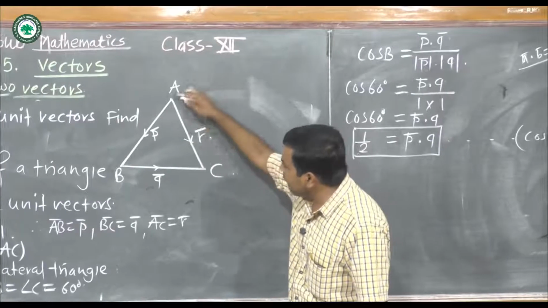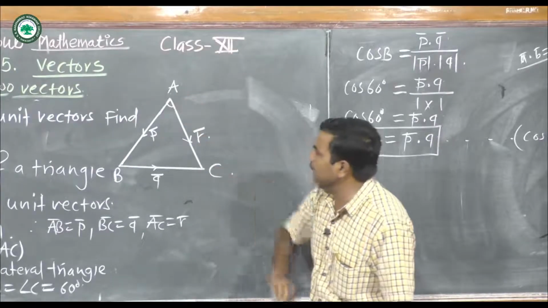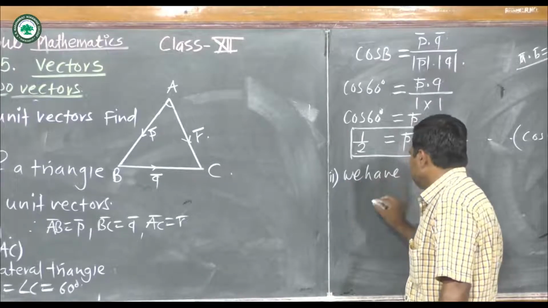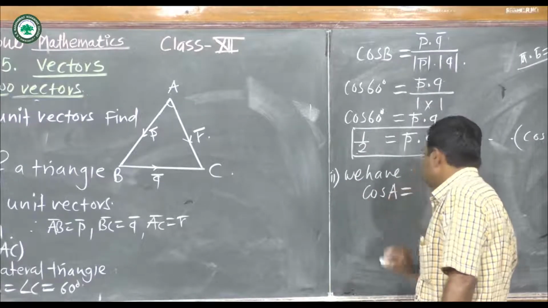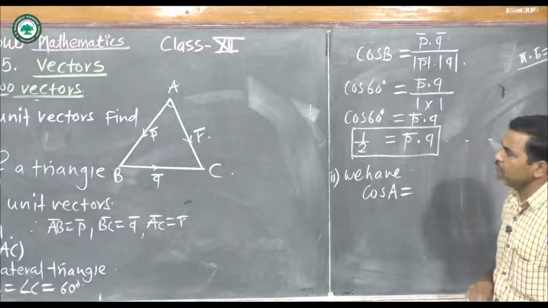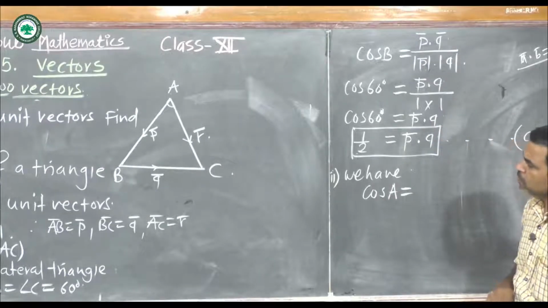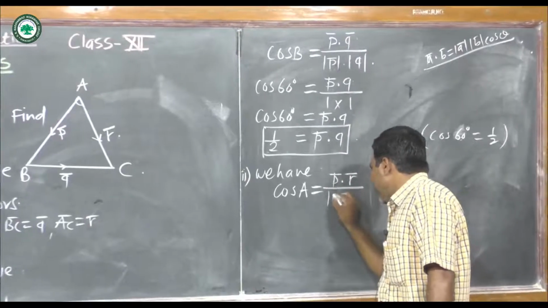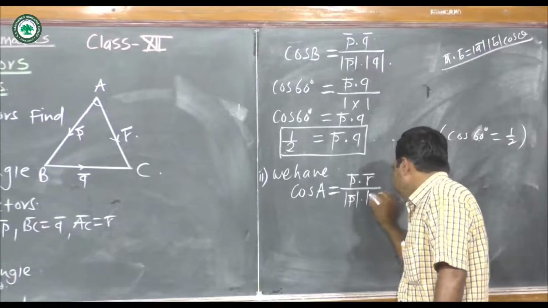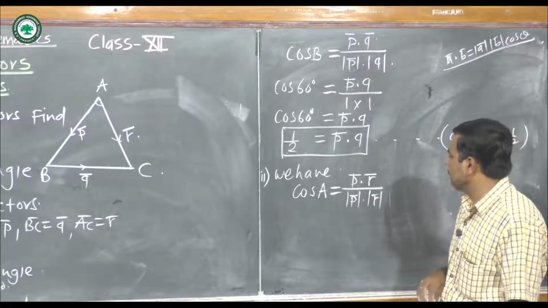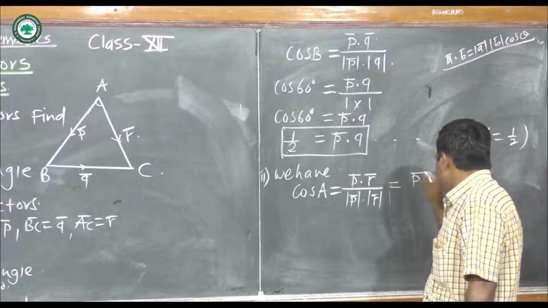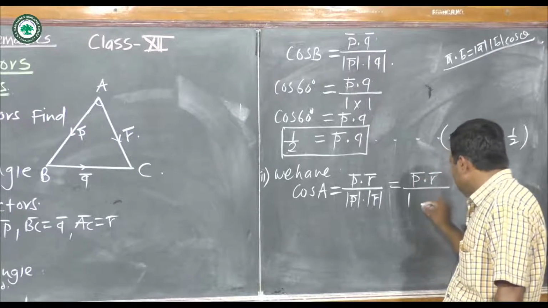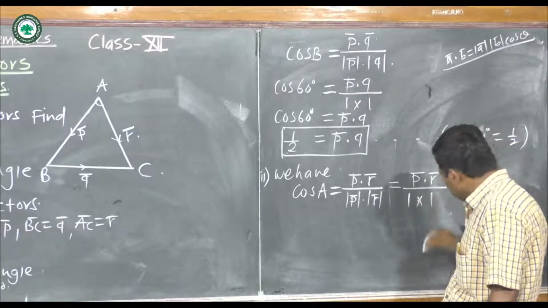The angle between P bar and R bar is this one, A. So we have cos of A is equal to P bar dot R bar divided by the magnitude of vector P into the magnitude of vector R. Again it is equal to P bar dot R bar divided by the magnitude of vector P, that is 1, into the magnitude of vector R, that is also 1.